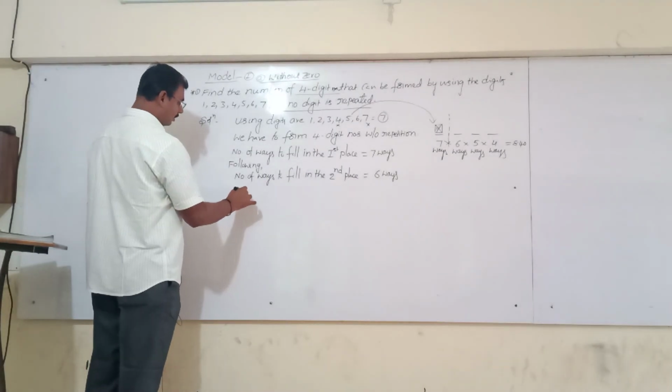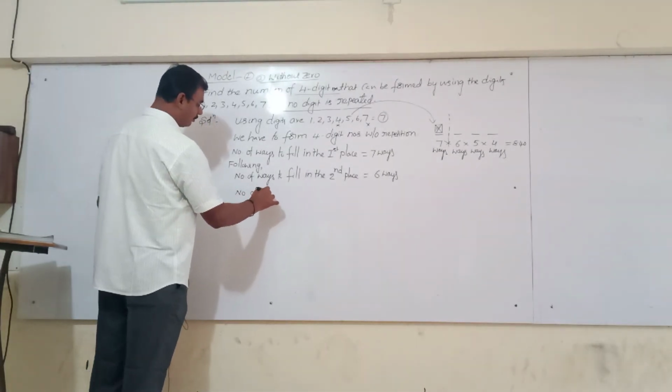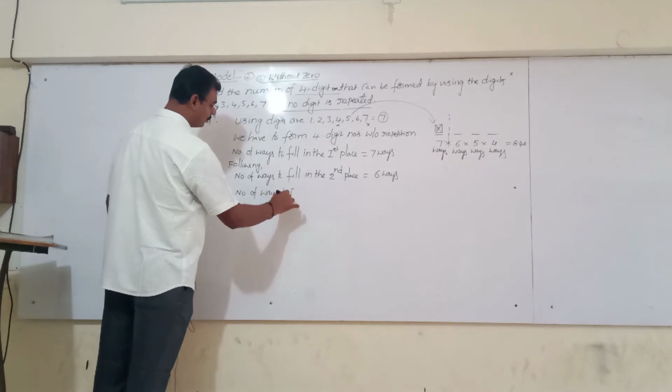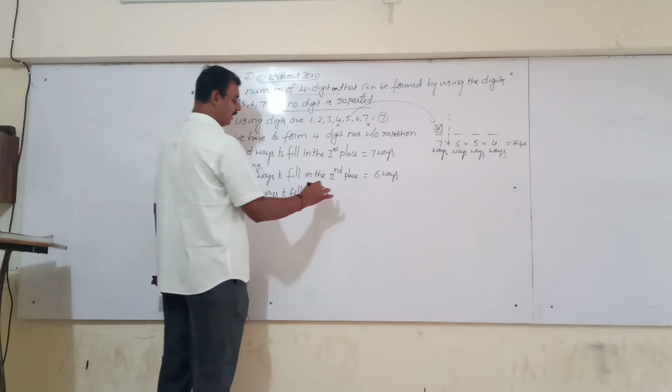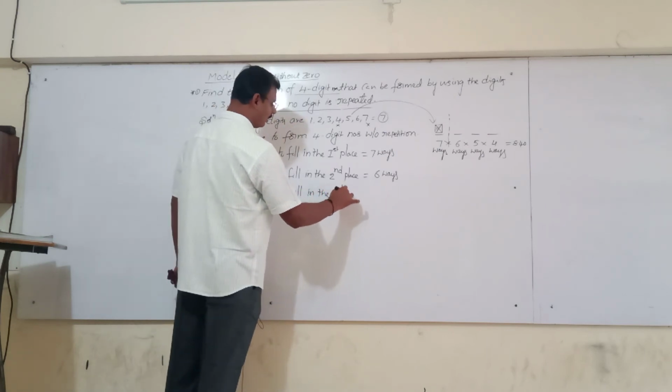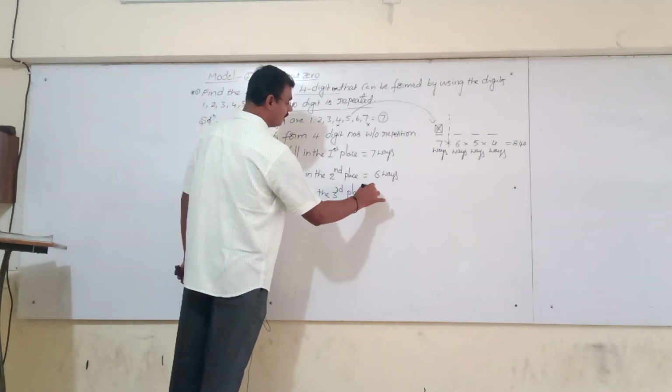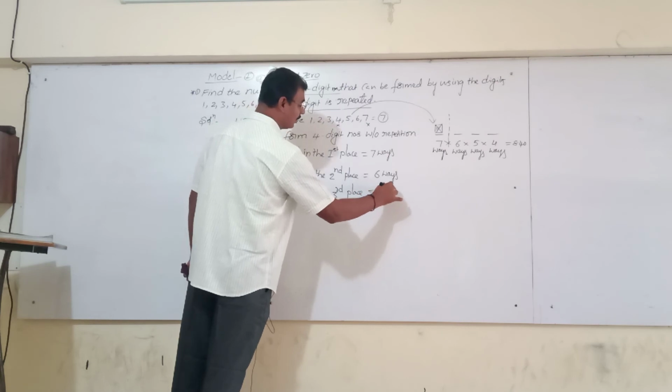Next one. Similarly, number of ways to fill in the third place is equal to 5 ways.